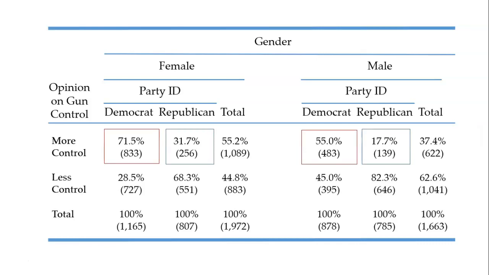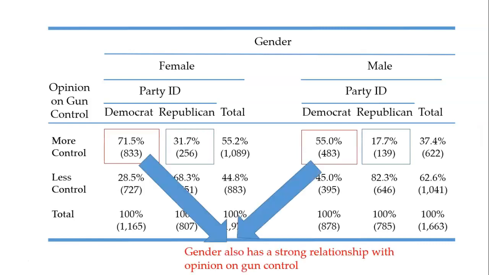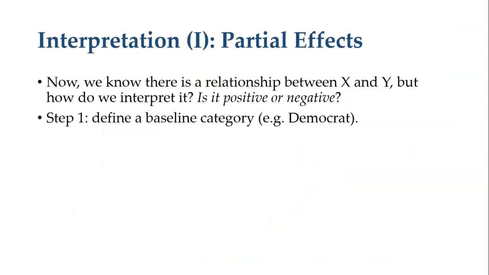We can see that that happens: women tend to be more supportive of these policies than male Democrats. Similarly, female Republicans tend to be more supportive than male Republicans. So in this case, the relationship is also strong.